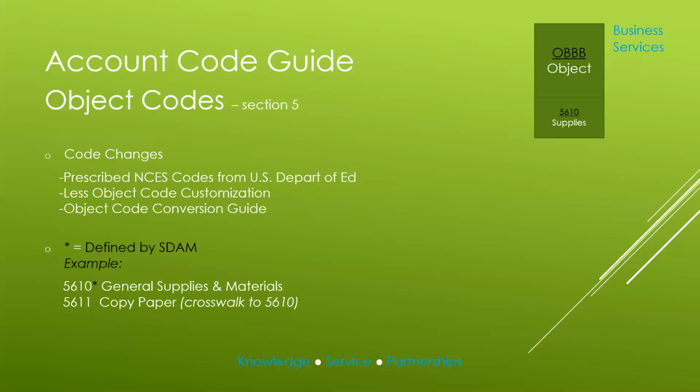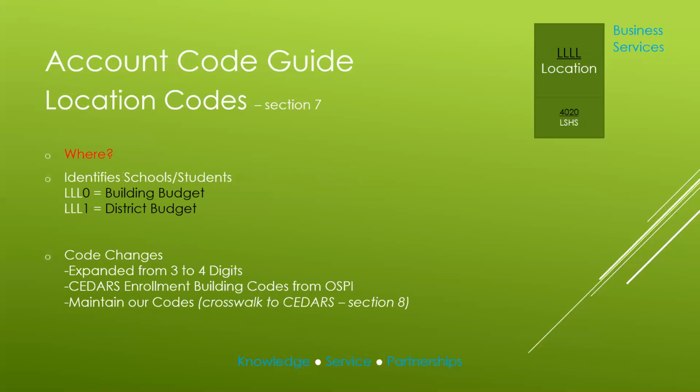That means it's one of the prescribed codes that will be listed on the OSPI tool. However, right below it, 5611 for copy paper does not have an asterisk, so it's not going to be listed on the OSPI tool. So what we're doing in the background is mapping 5611 to one of the prescribed codes, 5610. It's all done in the background, but it's something that you'll need to know if you want to use the tool.